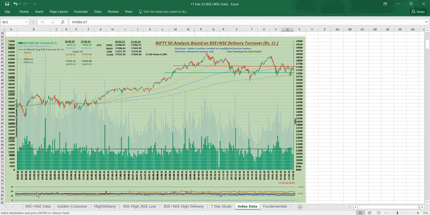I have also plotted delivery percentage and average trade worth in this. You can see that the delivery percentage has been good for quite some period, while there are ups and downs in the average trade worth. If average trade worth is better, I'll search for something far better than this.